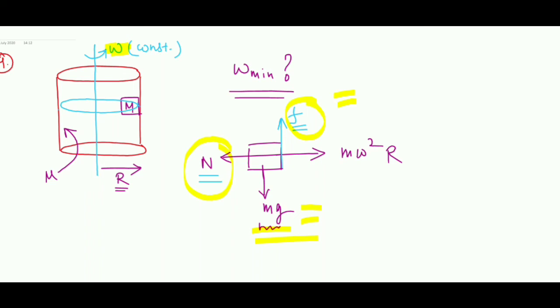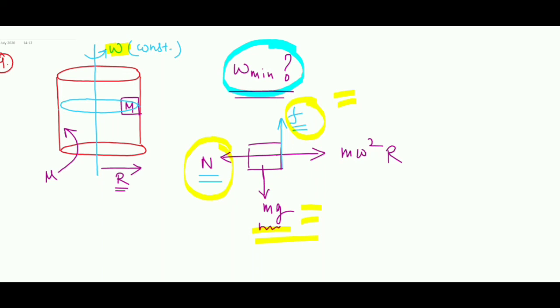What we are looking for is the minimum omega, so we have to consider the maximum friction. After this, mg will not be balanced and the block will definitely fall.